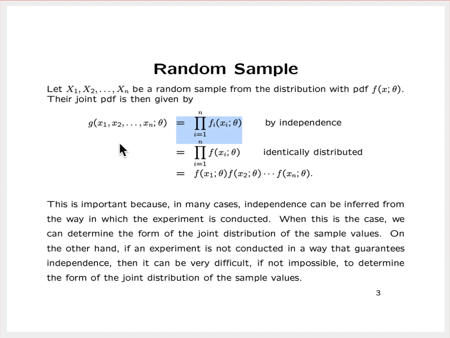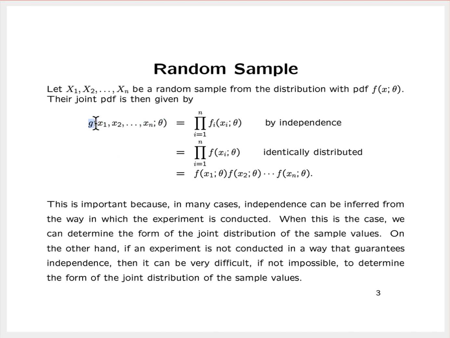In that kind of situation, it's going to be very difficult, if not impossible, to determine the functional form of the joint PDF, which we're going to need in order to move forward. It's very important that we have the form of the joint PDF. For example, if we want to perform maximum likelihood estimation or likelihood ratio tests, we have to be able to construct the likelihood function, and the likelihood function is obtained from the joint PDF.